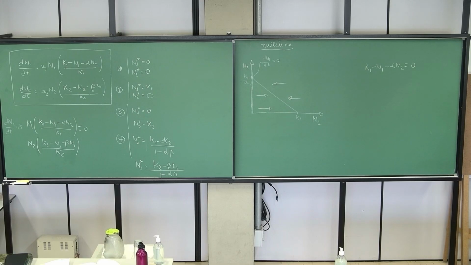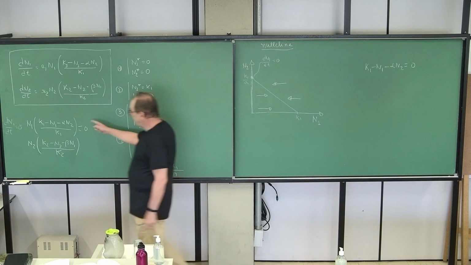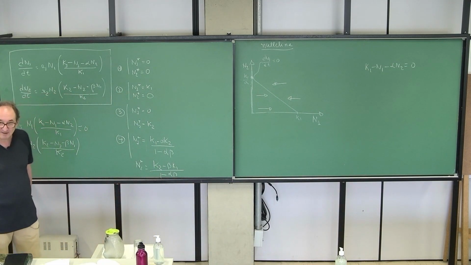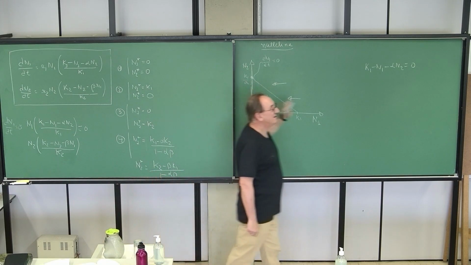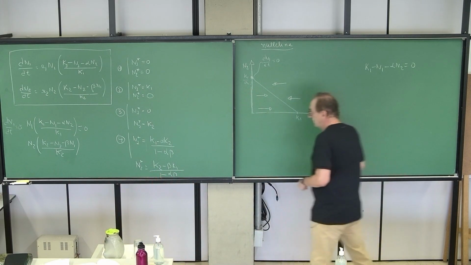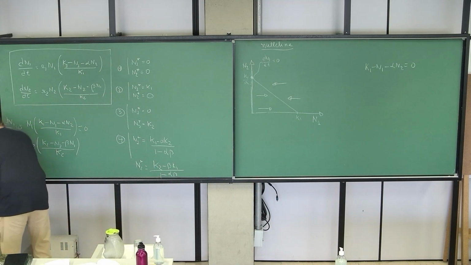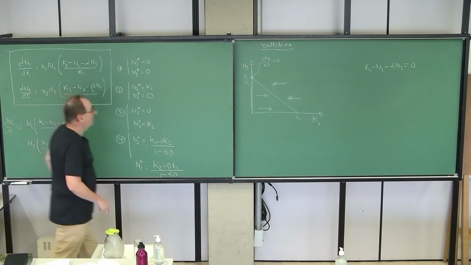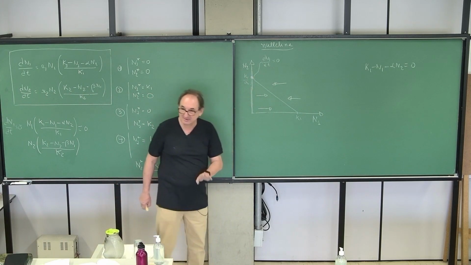So it turns out that there are many possibilities, because now think just here what can happen if I draw the line for dn2.